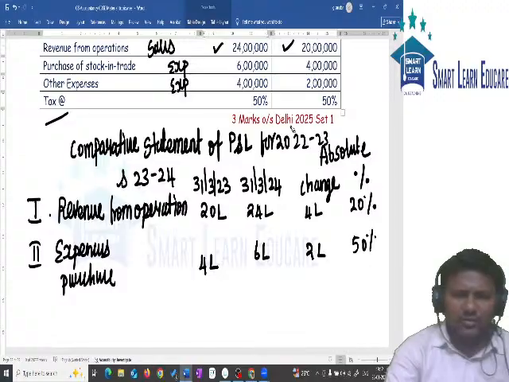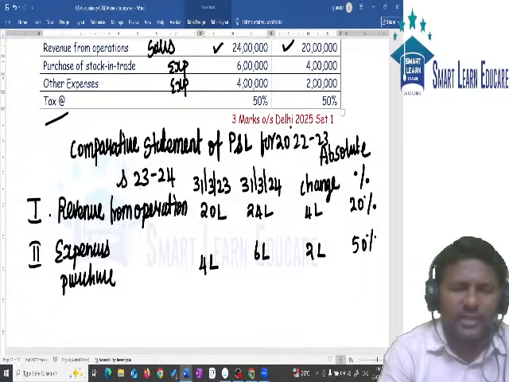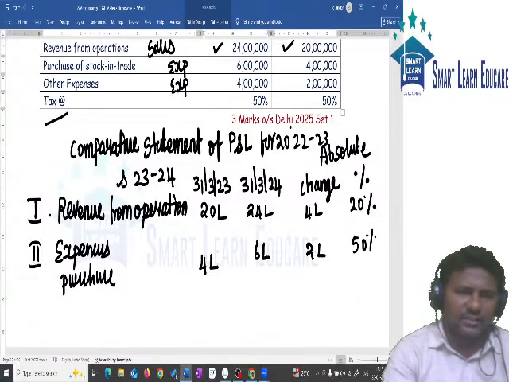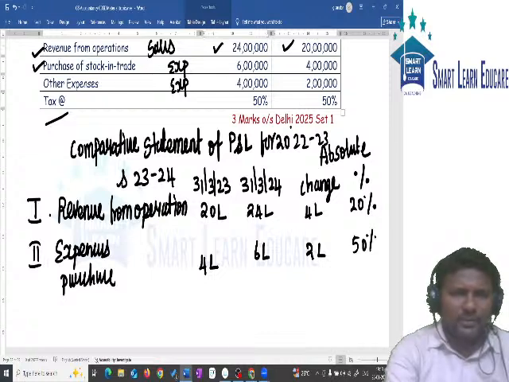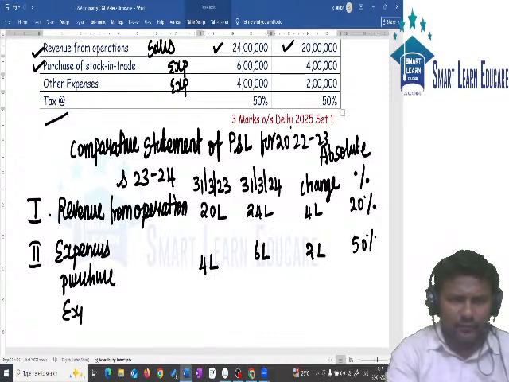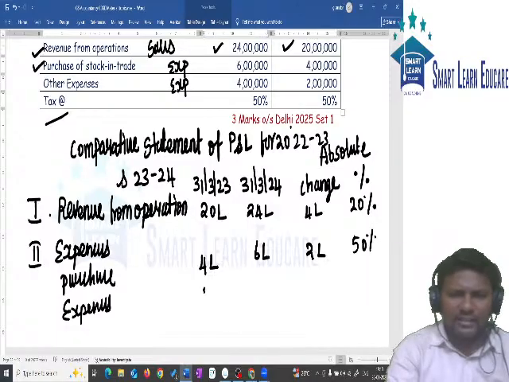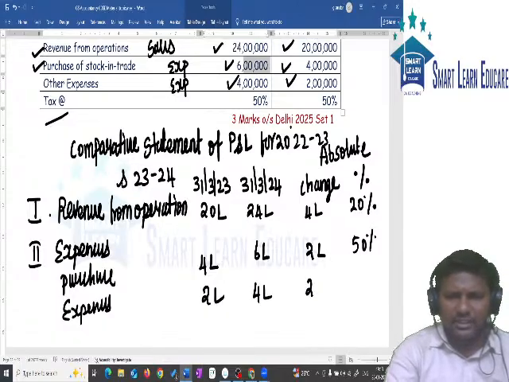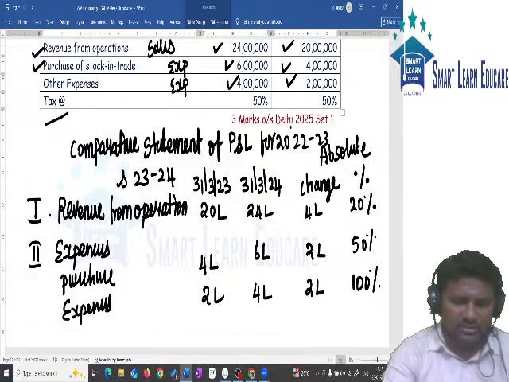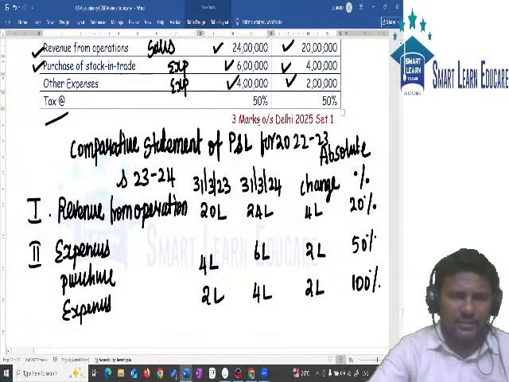So purchase is over. Then other expense. Last year it is 2 lakh, this year it is 4 lakh. How much does the expense increase? 2 lakh. Expressed in percentage, 2 lakh divided by 2 lakh gives 100 percentage increase.